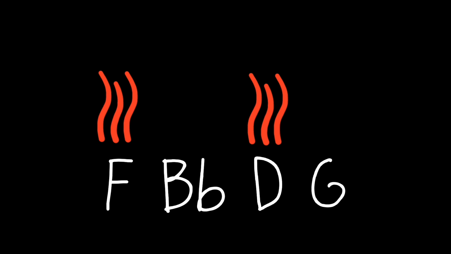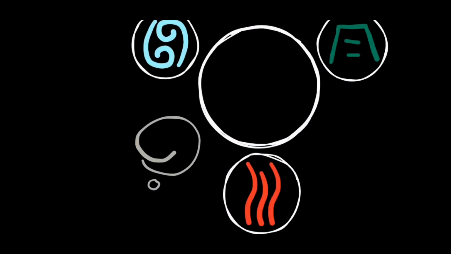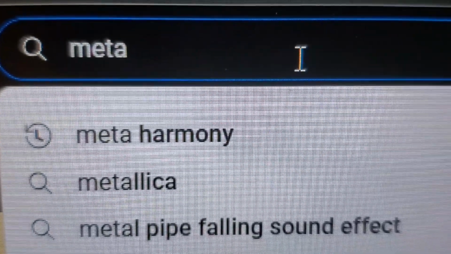Well, we have 2 fire notes, and we have 2 wind notes. So that would make it a smoke chord. All right, I think that's enough to give you for now. You can study that and see what kind of chords you can make when you combine notes of elements like this.